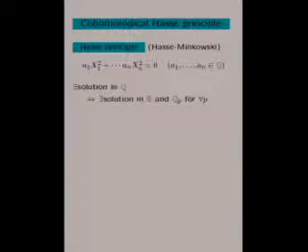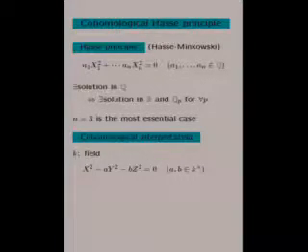And now in the proof, n equals 3 is the most essential. And this case has a cohomological interpretation, which looks like this. This works over any field.